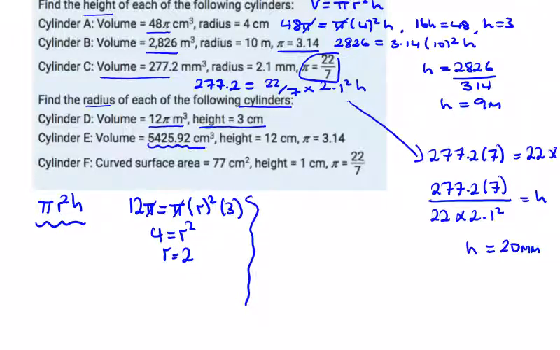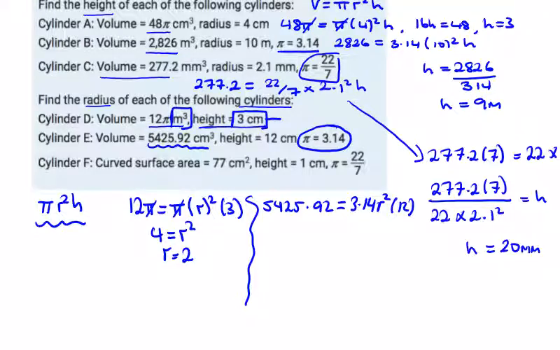In this one here, we're told to take pi as 3.14. So 5425.92. Just as I'm writing, equals pi r squared h, and we're told pi is 3.14, by r squared by the height, which is 12. I'm looking back at the previous question and seeing the sneaky examiner has put a 3 centimeter and a meters cube.